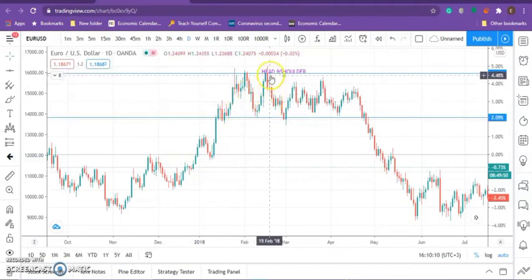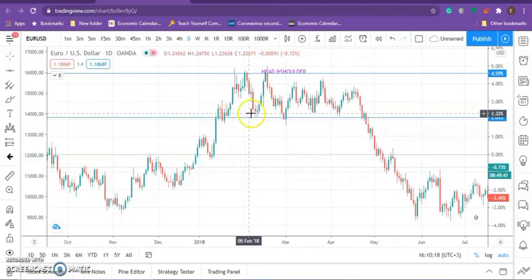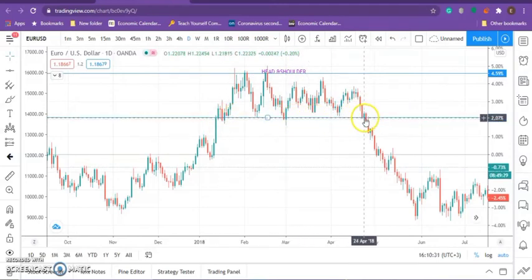In ranging markets, you basically wait for the two tops and two downs to form on this level. Once they have verified this level, and this level, you can now trade in between this range right over here, until it breaks just over here.